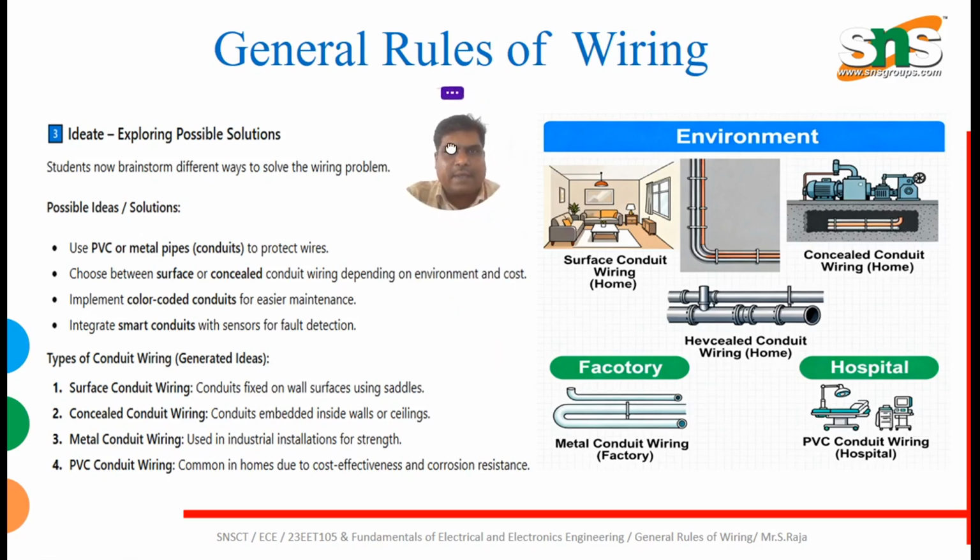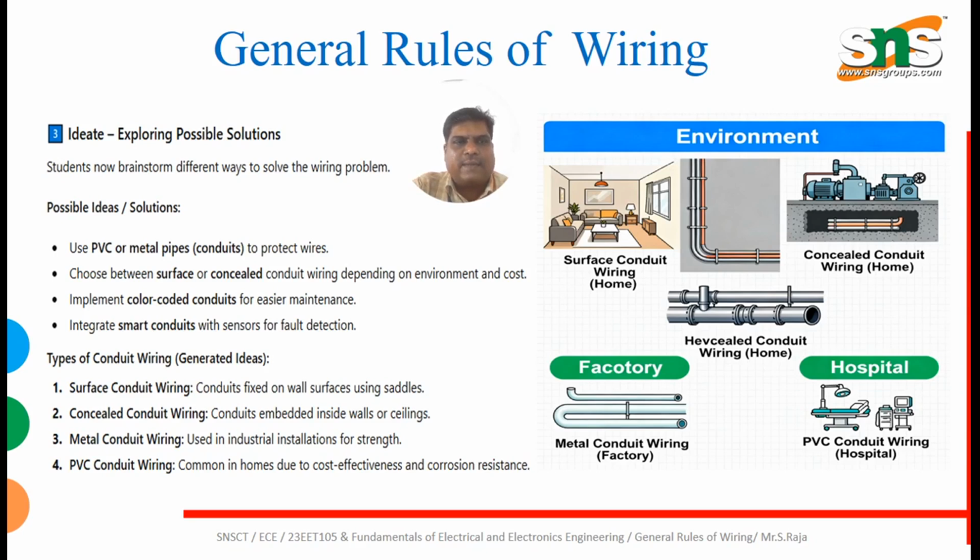Next part is the ideate part. In this part, students do brainstorming on different ways to solve the wiring problem. In their home, they can see this kind of connection, or in a factory, they can see metal connections, or sometimes they can see PVC conduit wiring in a hospital. What are the possible ideas the students can think of? First, they use PVC or metal pipes to protect wires.